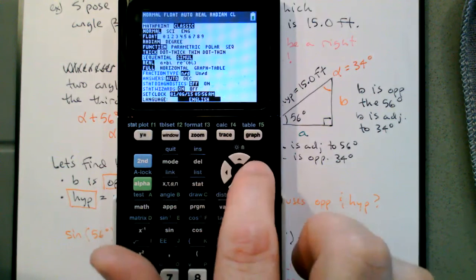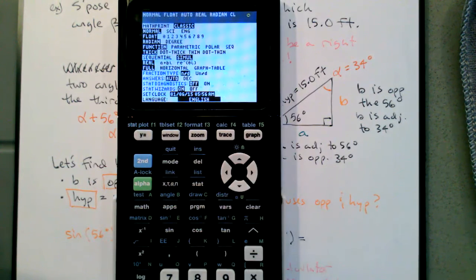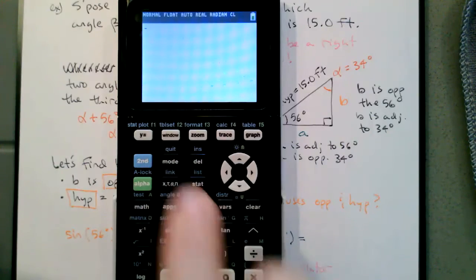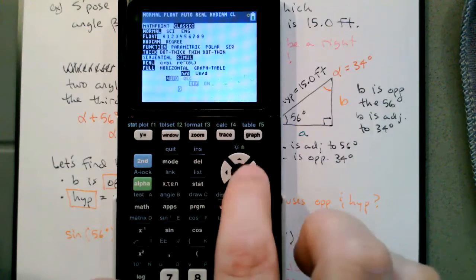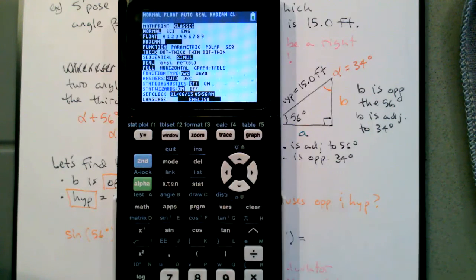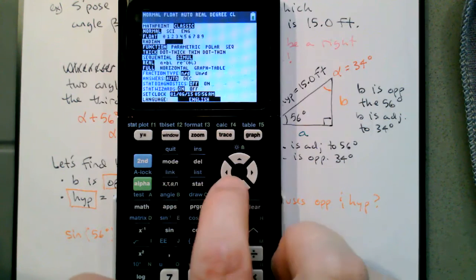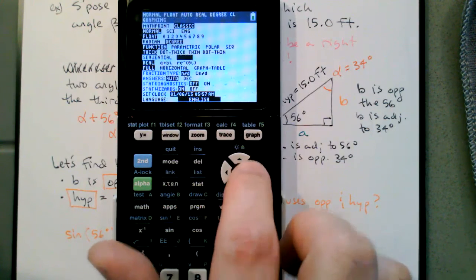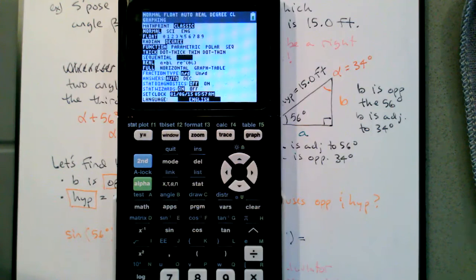So what you want to do is highlight the degree mode and hit enter. Oops, I didn't hit enter today. I want to highlight degree and hit enter. Now degree is highlighted.